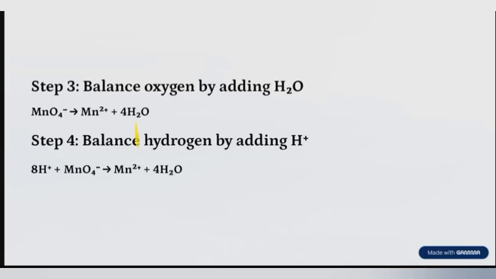So we have 8 hydrogen on this side. Because we have 8 hydrogen on this side, we have to add 8H plus on this other side. That's why we added 8H plus here. So this is now the new equation for the Mn side.